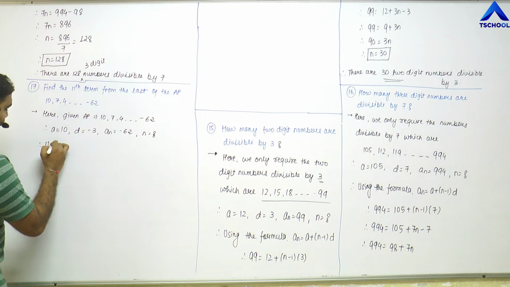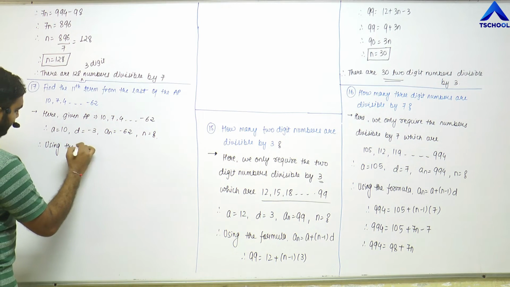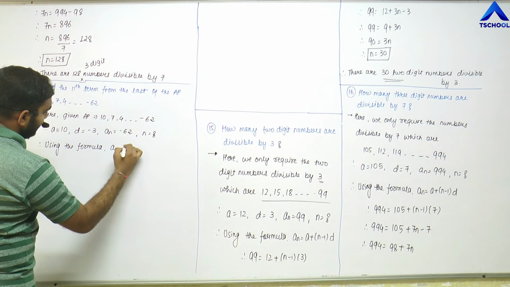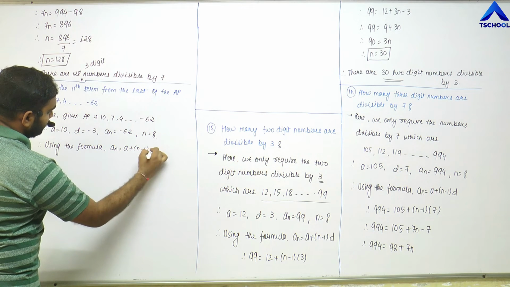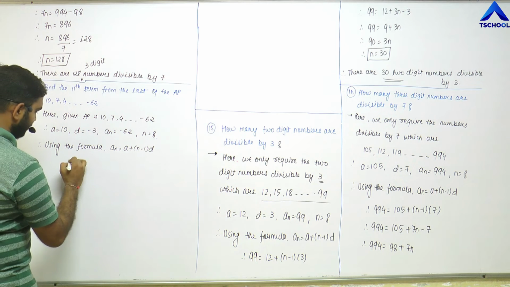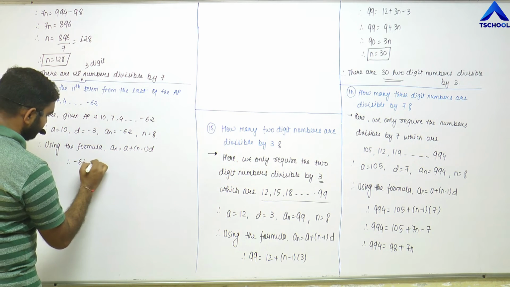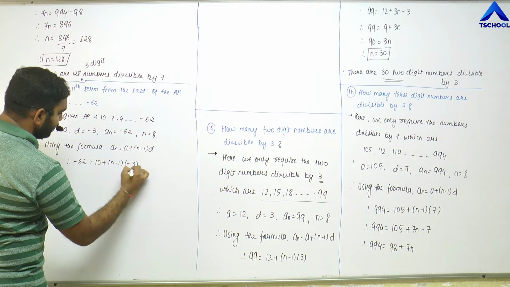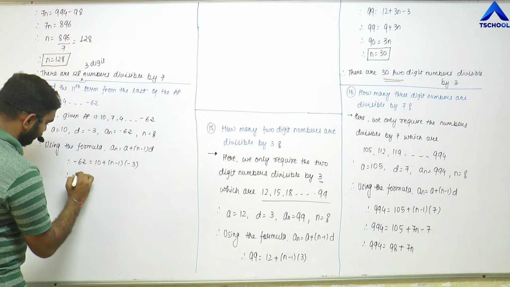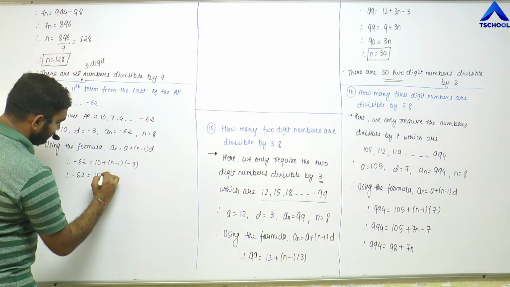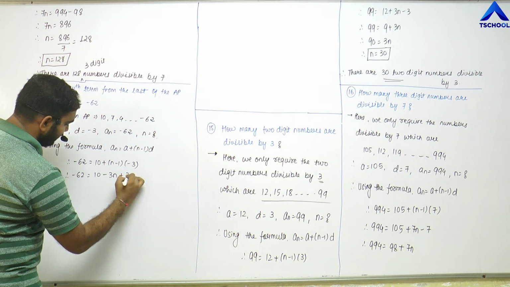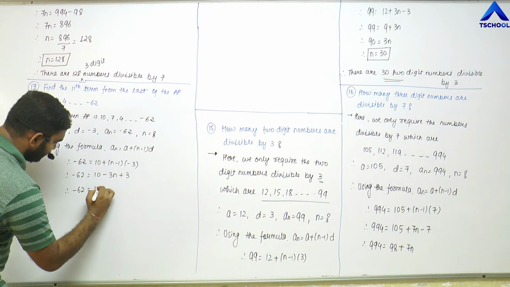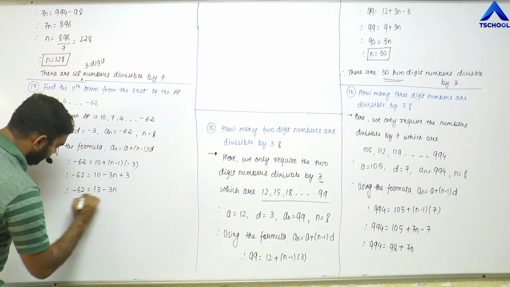Therefore using the formula an equals a plus n minus 1 into d, minus 62 equals 10 plus n minus 1 into minus 3. Therefore minus 62 equals 10 minus 3n plus 3, so minus 62 equals 13 minus 3n.